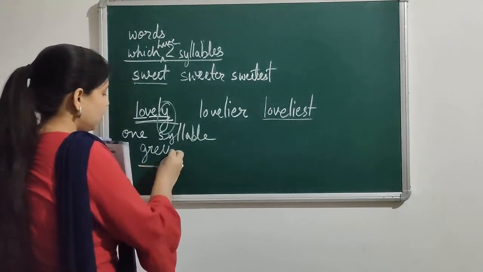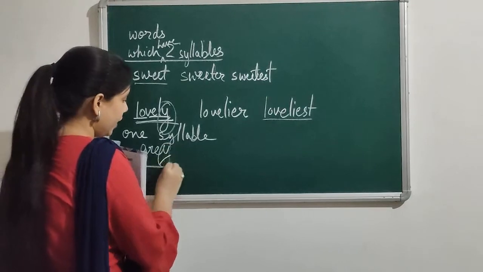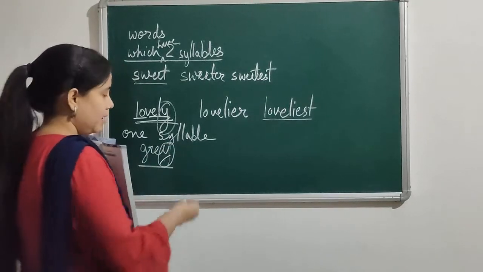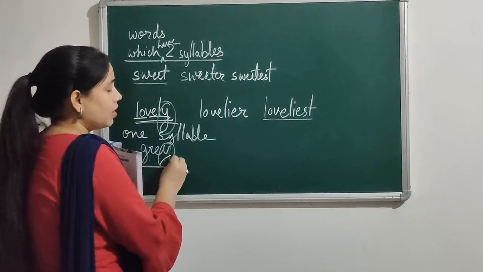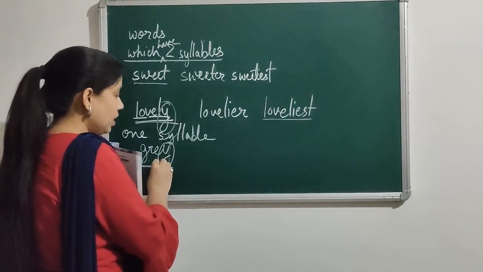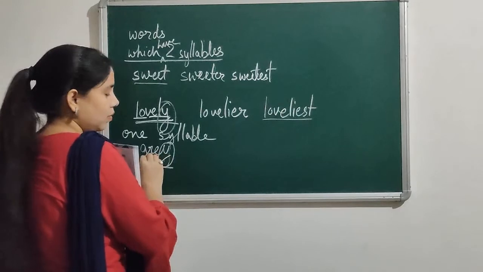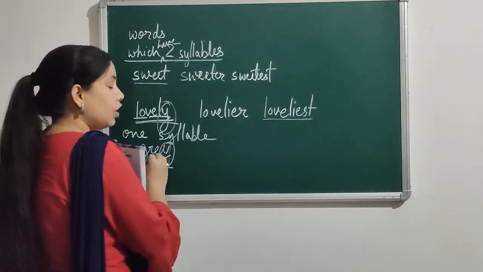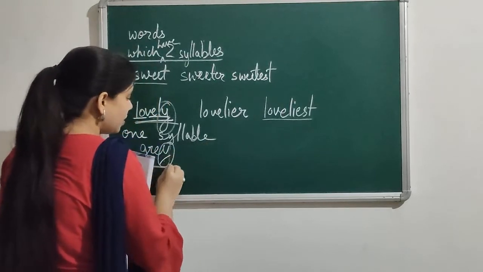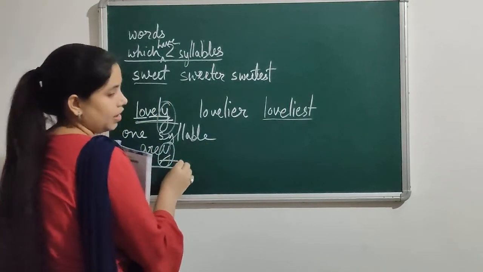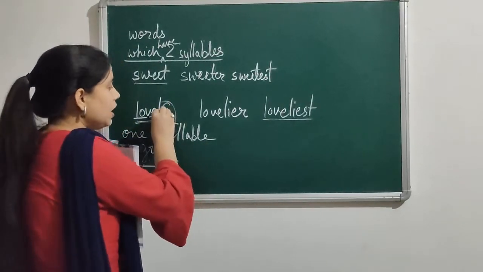We will look for the word which is ending with y, and in such a condition, if we are forming the comparative degree, what will we do? As this adjective has only one syllable, we will not change y into i as we were doing earlier.